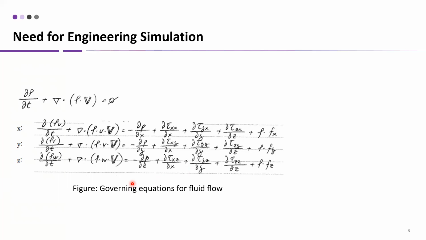Now, most of the time in real-world situations, these equations do not have an exact solution. So we use numerical methods to break this equation into discrete pieces and achieve an approximate solution. That is a very challenging process, so we can just leave it to the software. And that's where all these engineering simulation tools come into the picture.